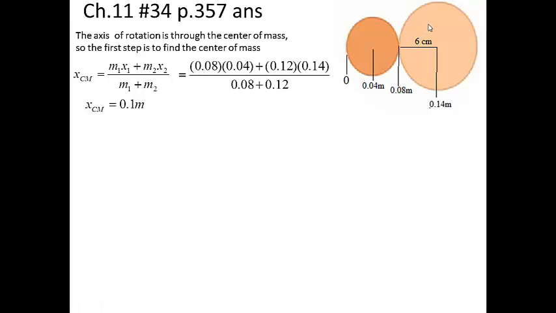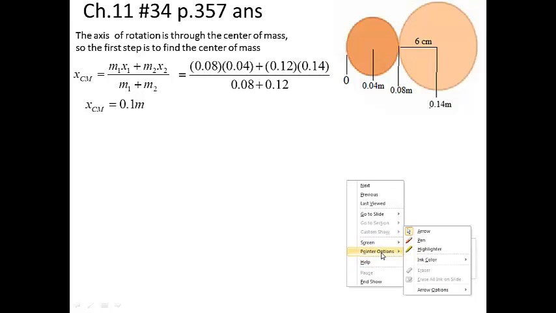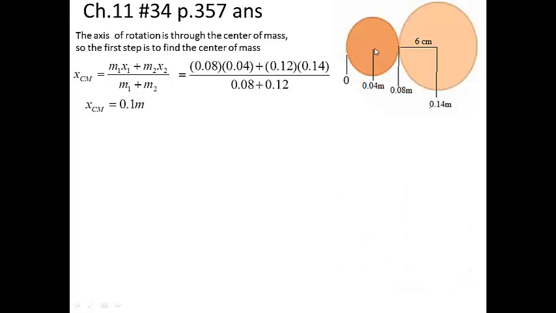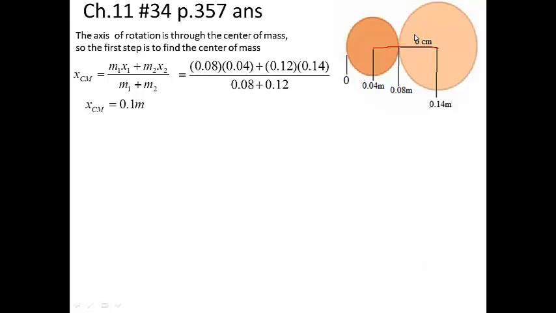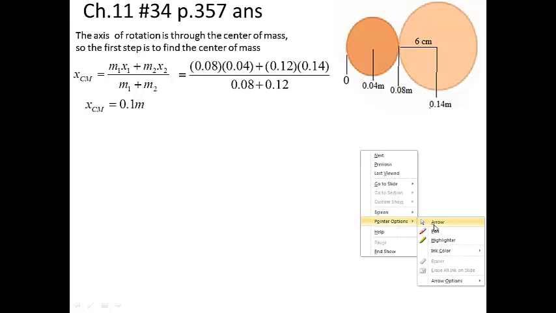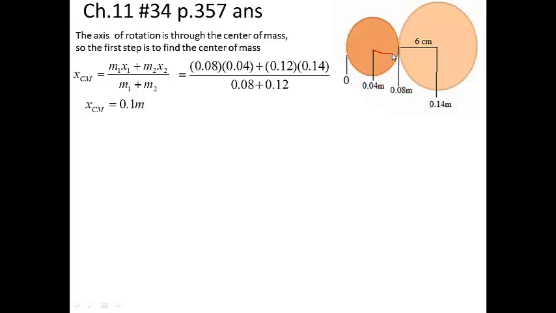Now that we've found the center of mass, we just need to find the angular momentum of puck 1. The center of mass of puck 1 is this distance away from the center of mass of the system, about right here.